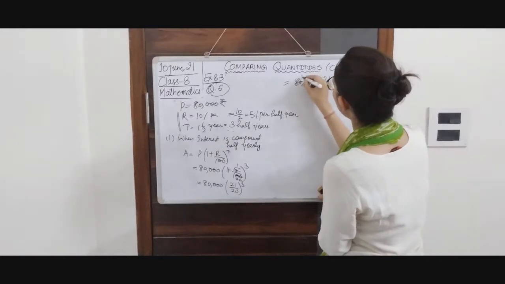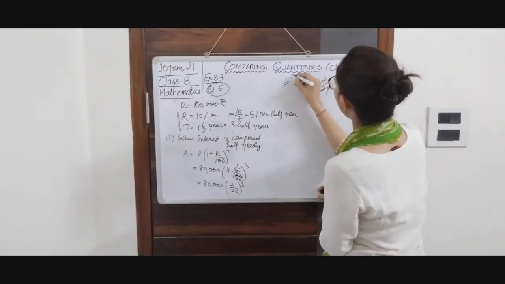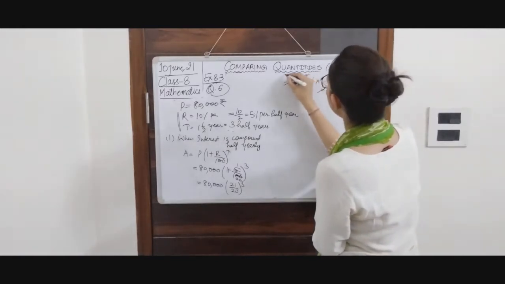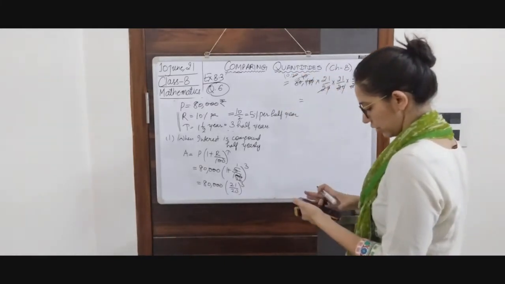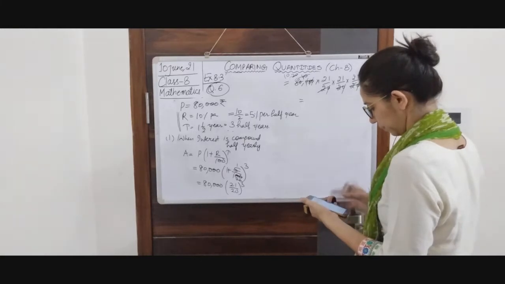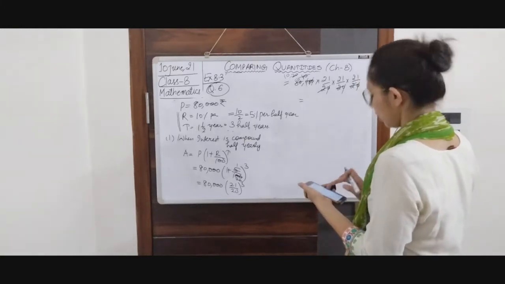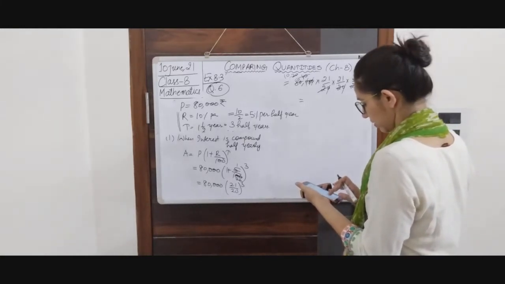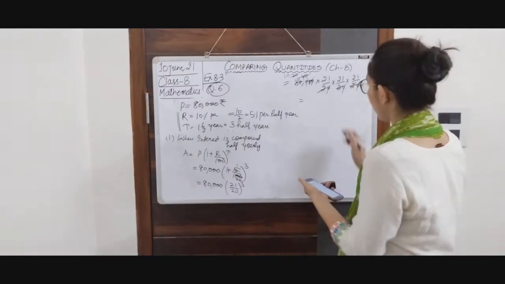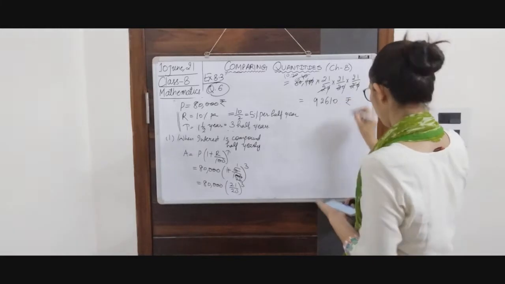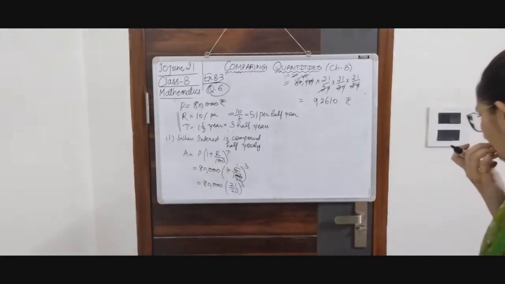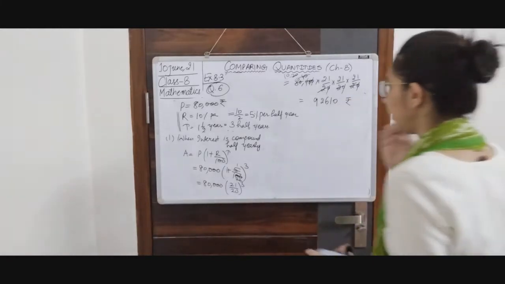Okay, now 20 4s are 80 and 10. Now we are left with 21 into 21 into 21 into 10, it will be 92,610 rupees.